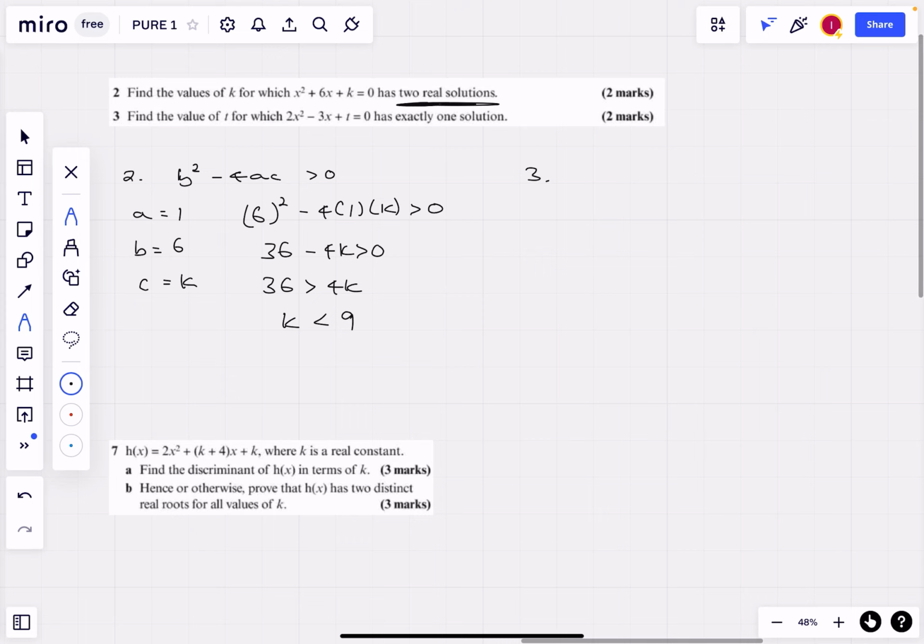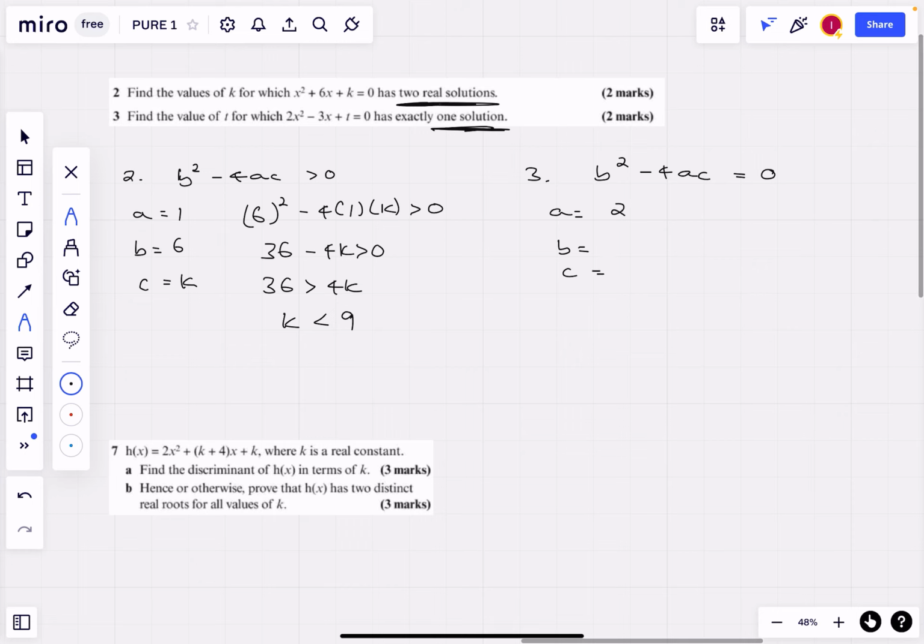Question 3. Find the values of t for which 2x squared minus 3x plus t equals 0 has exactly one solution, which means b squared minus 4ac is equal to 0. Do the same thing again.